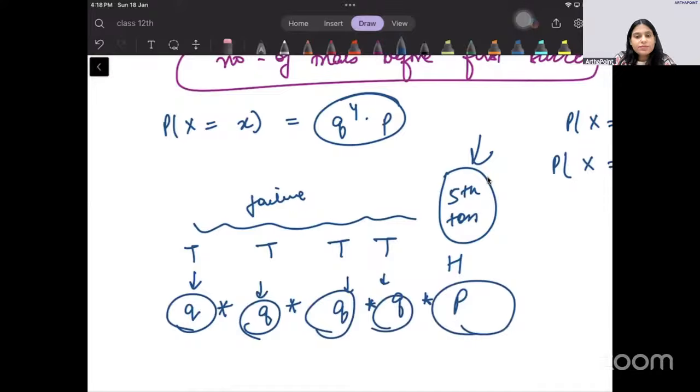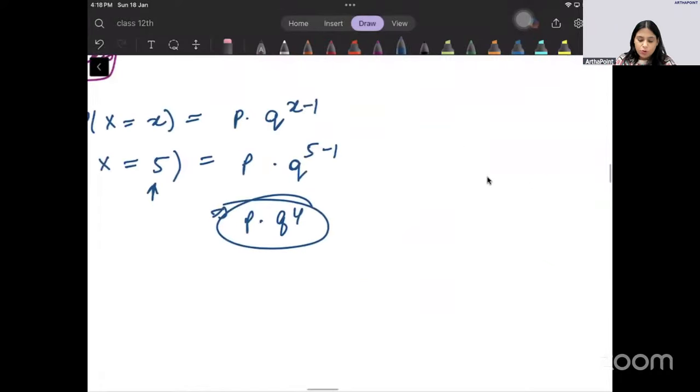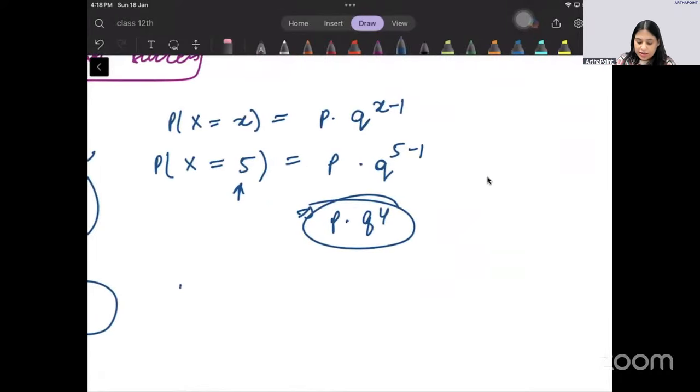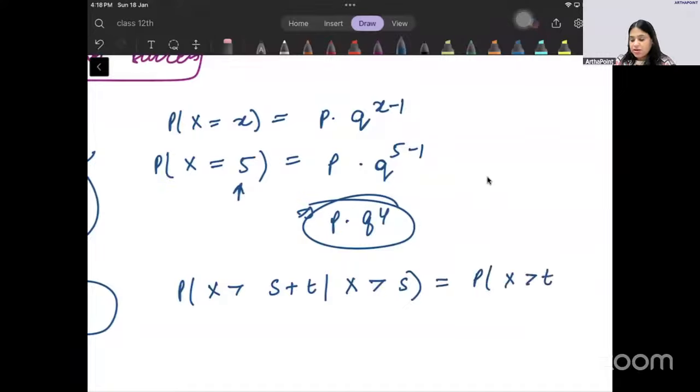Is it clear? And geometric distributions have the memoryless property. Memoryless property means that probability x greater than s plus t given probability x greater than s is simply probability x greater than t. So this is about the geometric distribution.